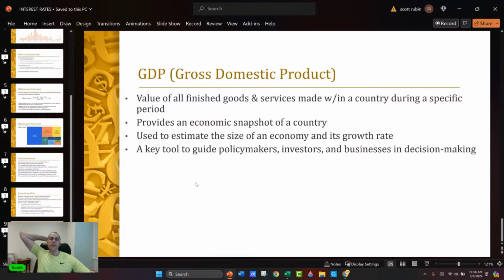Because if you see that GDP is going up, and then inflation is going, all these things, you might be able to extrapolate which sectors might be better to invest in, or which sectors might not be as good to invest in.